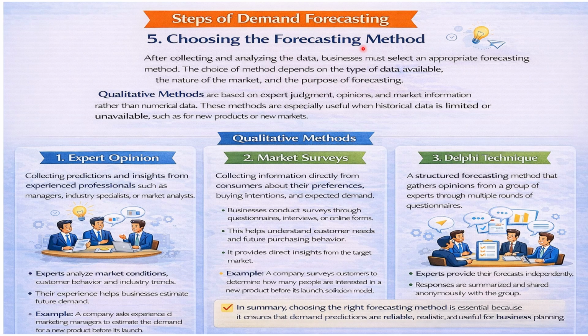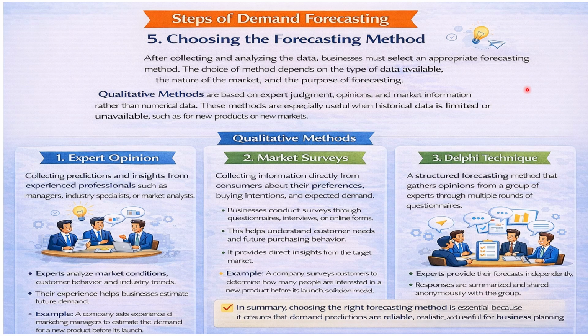Okay, this is the fifth step: the forecasting method. Choosing the forecasting method: after collecting and analyzing the data, the business must select an appropriate forecasting method. In this forecasting method, we first see the qualitative method, which is based on expert judgment, opinions, and market information rather than numerical data.